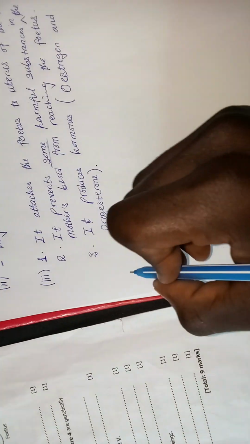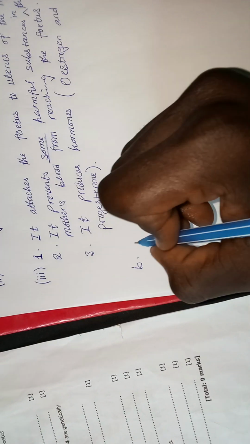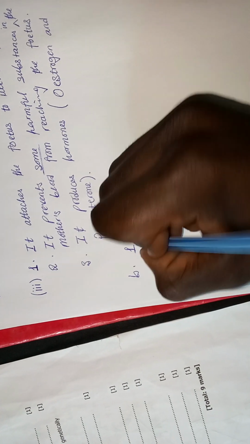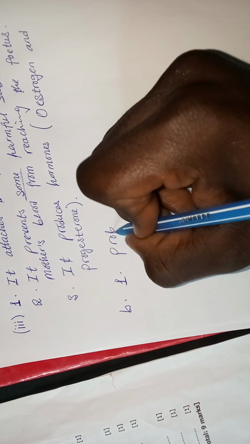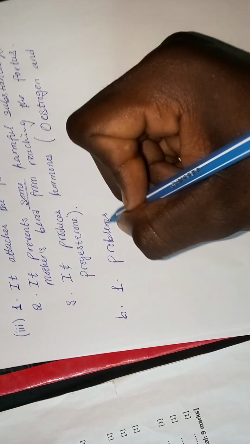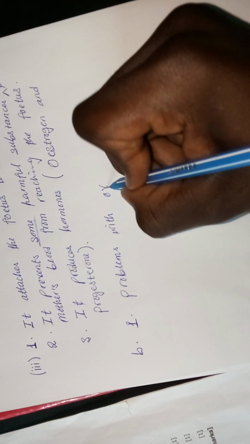So what causes infertility in human beings? Okay, there are a number of causes of infertility. One, we can say problems with ovulation.